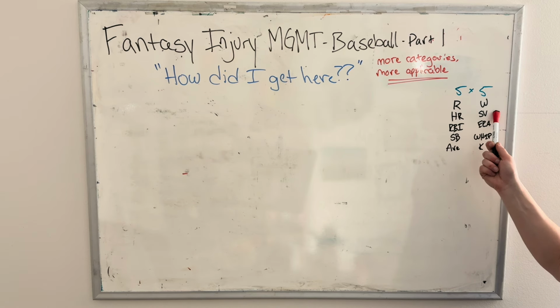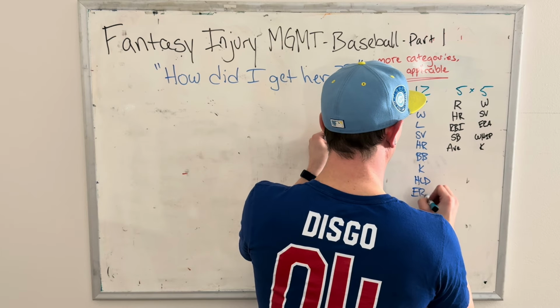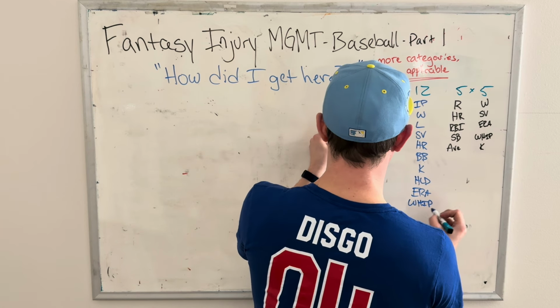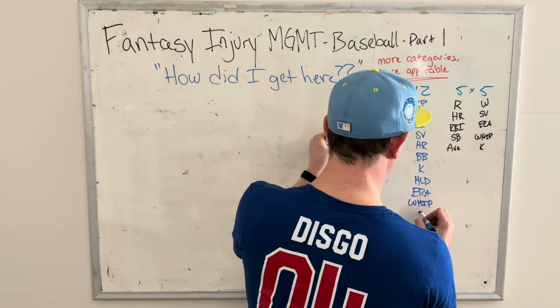We had innings pitched, wins, losses, save, home run, walk, K, hold, ERA, WHIP, quality starts, and blown saves.